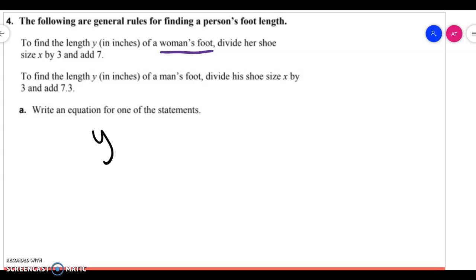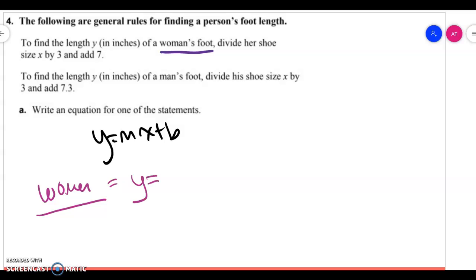So remember, y equals mx plus b. So we're actually dividing for women. So I'm going to do the women's shoes over here. It says you get to choose whichever one you want, so I'm going to do both so you can see what your answer is. For women, we're going to divide her shoe size by 3 and add 7.